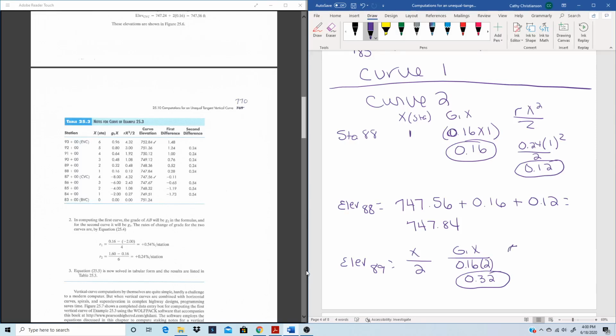And then Rx squared divided by 2. Our R is 0.24 times X squared divided by 2. And that'll be 0.48. So I'm going to circle that.